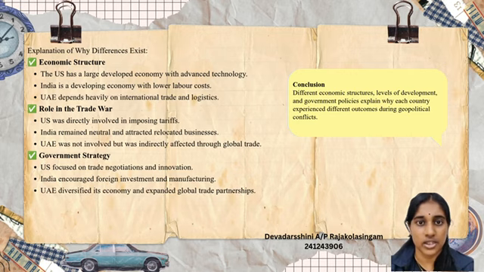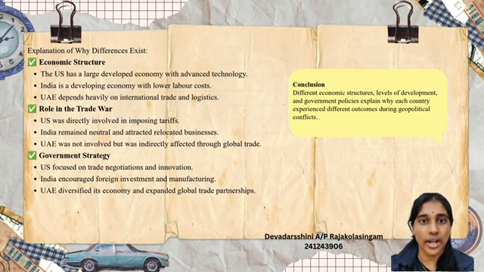Meanwhile, the UAE was indirectly affected as global trade slowed, but its strategic location and diversified economy helped it remain a major logistics and trading hub. Therefore, the different levels of economic development, dependence on trade, and government policies explain why the impacts vary across the three countries.